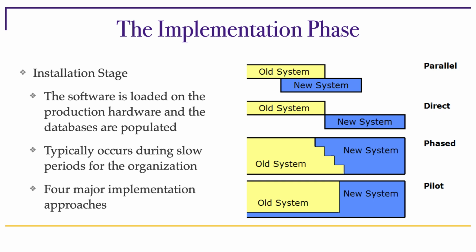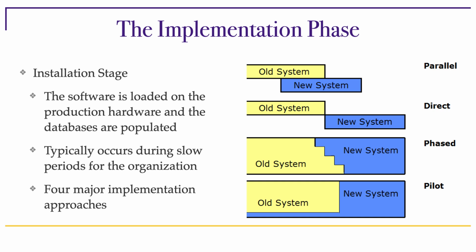Of course, it's costly because you are duplicating effort, doing everything in the old system and the new system. And in some cases, it's just not possible, particularly when you have a specific deadline for which the new system needs to be operational, and you're up against the deadline, then parallel might not work.